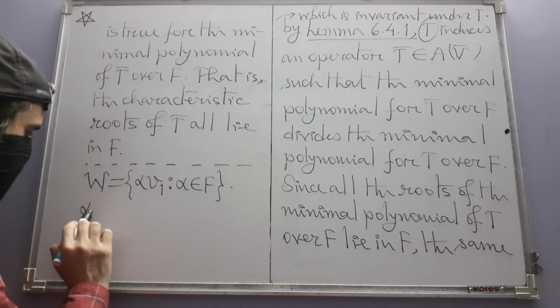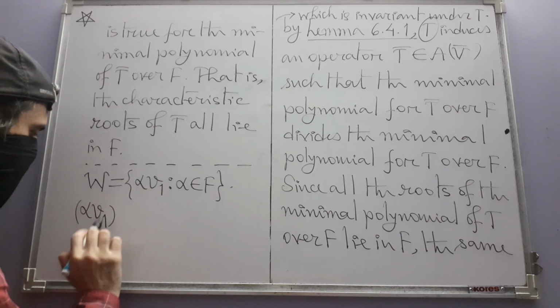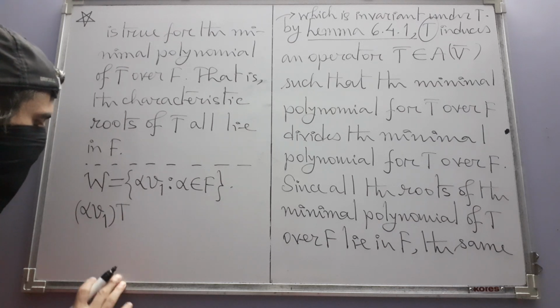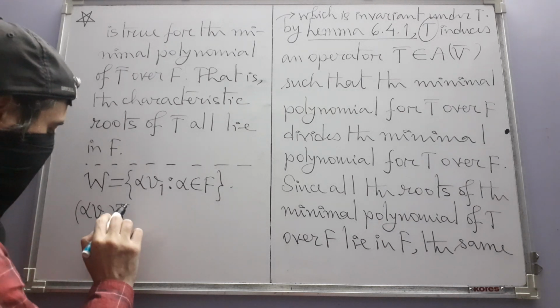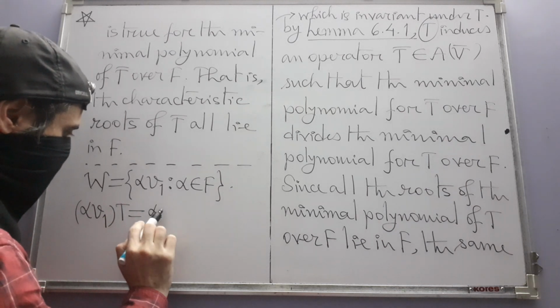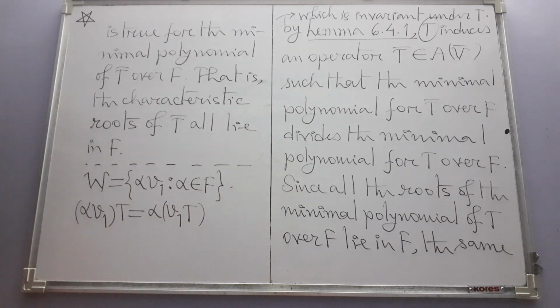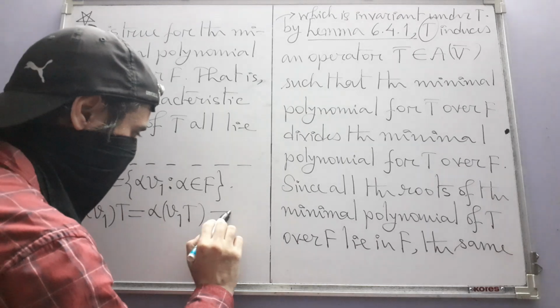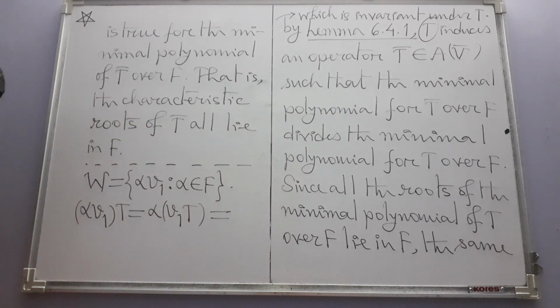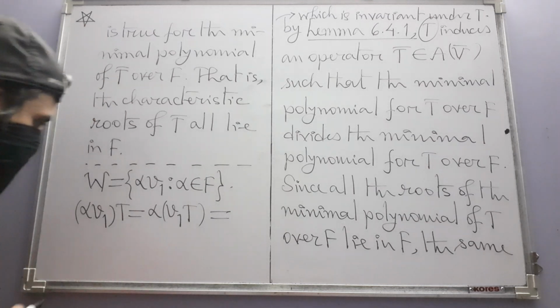Say we choose alpha V1 and then on that we apply T. Since T is a linear operator, this will be equal to alpha times V1 T. But V1 is a characteristic vector of T corresponding to the characteristic root lambda 1.